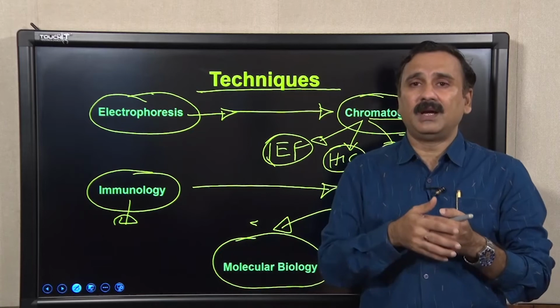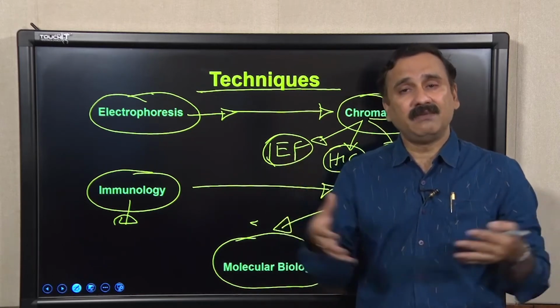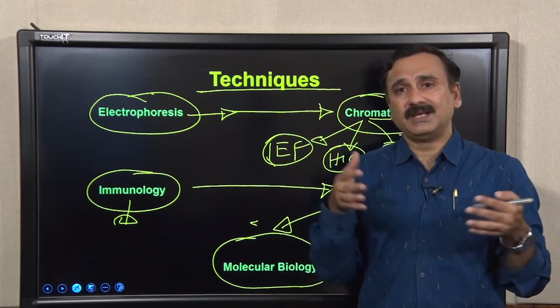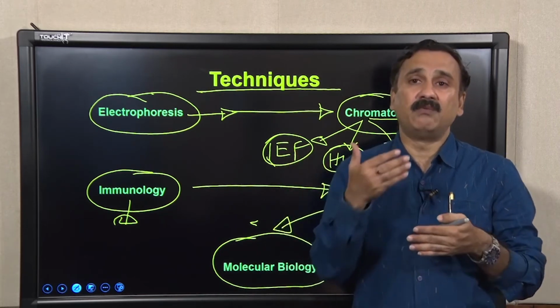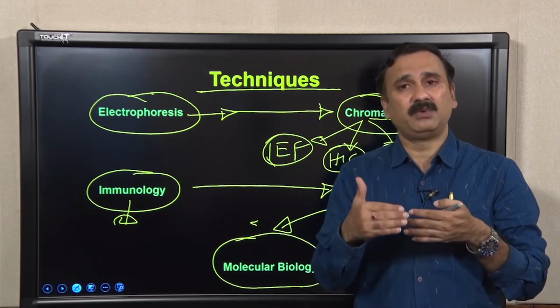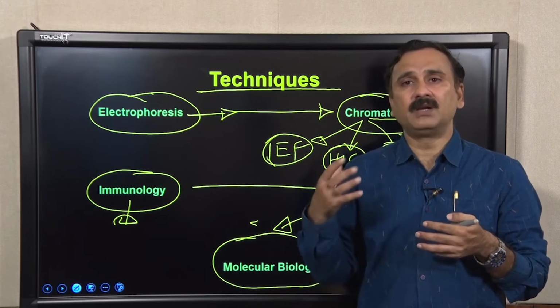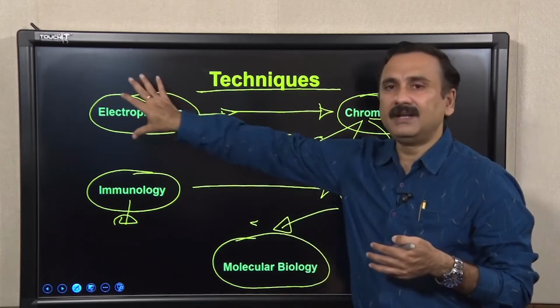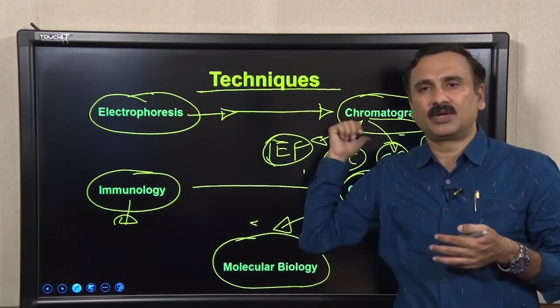So all these are separate techniques, but they are integrative in nature, because these techniques have to come together, and only then can you design the experiment with finer controls, because you cannot design an experiment simply with electrophoresis or simply with chromatography.